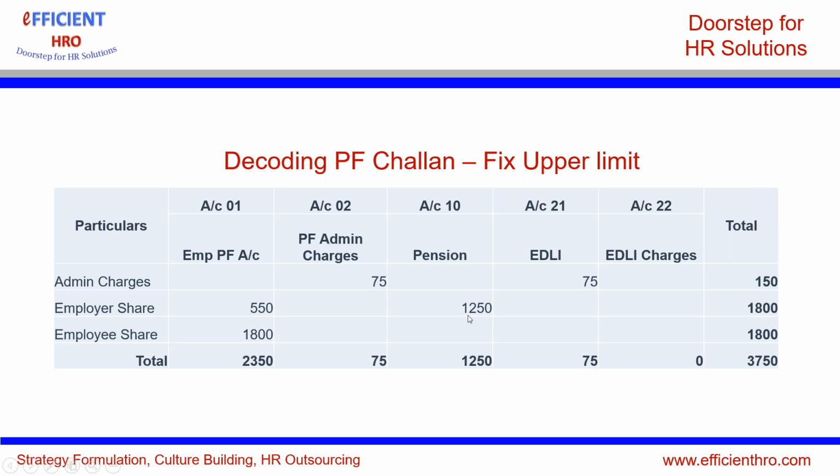Employer share pension is 1250, the upper limit, and the difference of 1800 and 1250, which is 550, came into the EPF account. And the employee share of the entire 1800 came into the EPF account. So the total is 2350 under the EPF account, PF admin charge is 75, pension account 1250, and EDLI of 75. So the total comes to 3750.